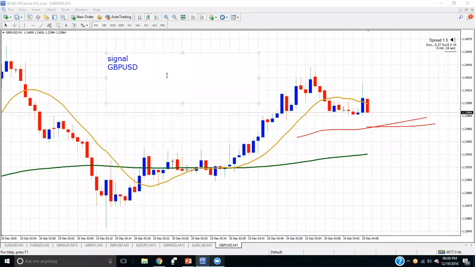We did that one this morning, and I think we took that one for about 130 pips maybe. We had a really good time this morning with our trading. I think we caught almost 250 pips, I believe. We were having a blast, and that was a lot of fun.